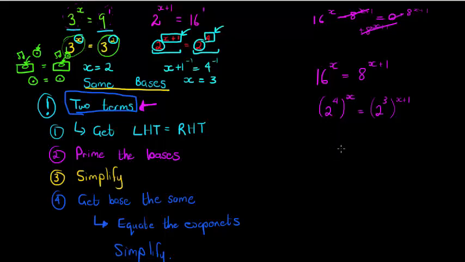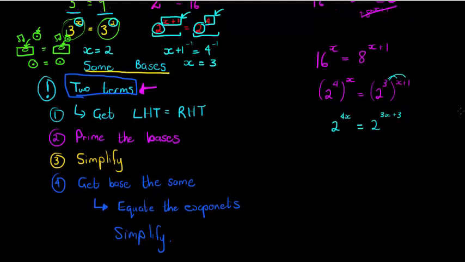I use my exponential laws to simplify. So I get 2 to the power of 4x is equal to, and remember, the 3 must multiply both terms there, so it's 2 to the power of 3x plus 3. Great. Now I have my two bases the same.